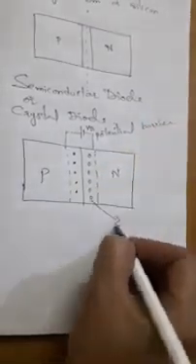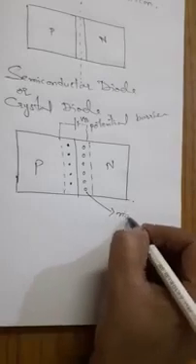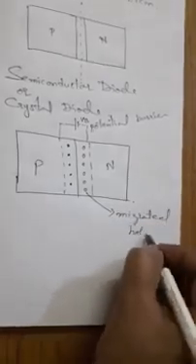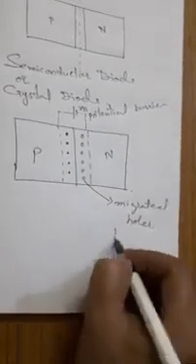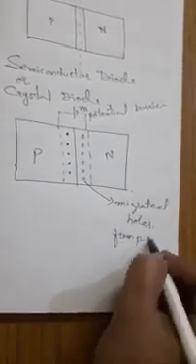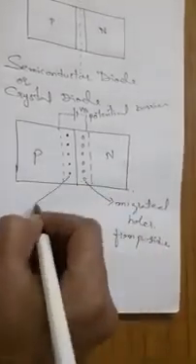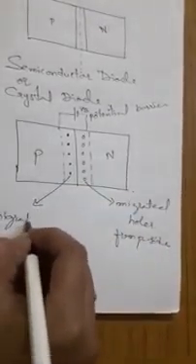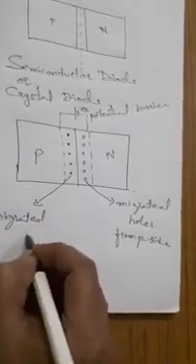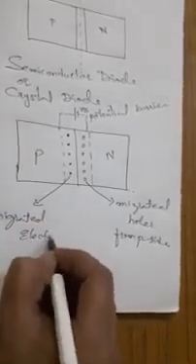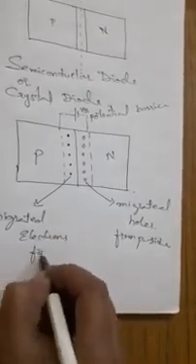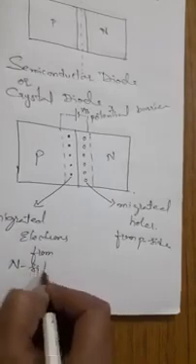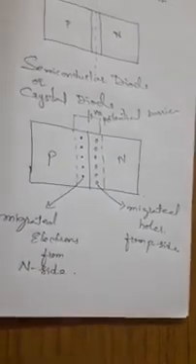Here, these are the migrated holes from the p side, and these are the migrated electrons from the n side.